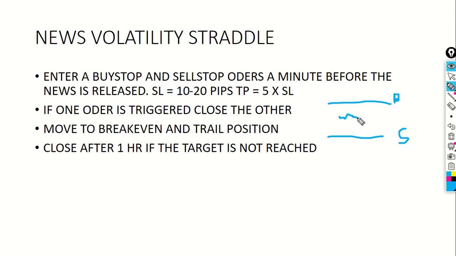What you want is to set your orders a minute before, so that when the news event comes, if it's more aggressive and goes to the other side, you get your sell order. If it goes the other way, this way, it triggers your buy order. This is where you see some slippage. You may get filled a bit higher because of spread in the legs.